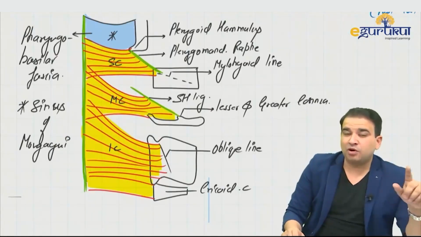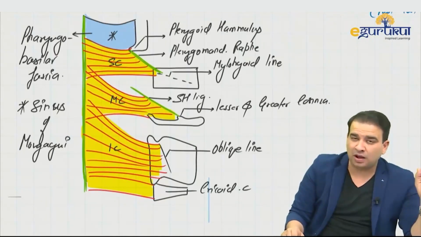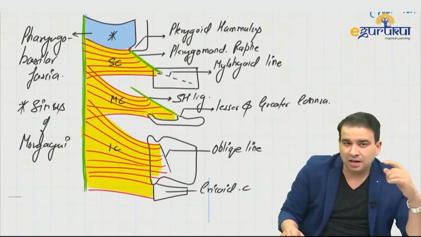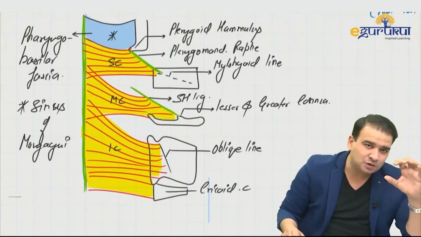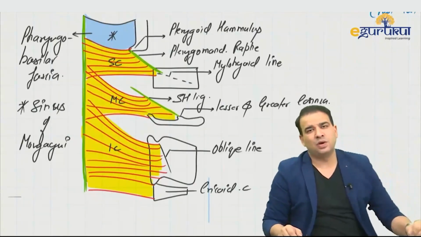Remember, foramen of Morgagni is in the diaphragm. That is foramen of Morgagni. This is sinus of Morgagni. It is a space between the base of the skull and superior constrictor through which certain structures are going in.